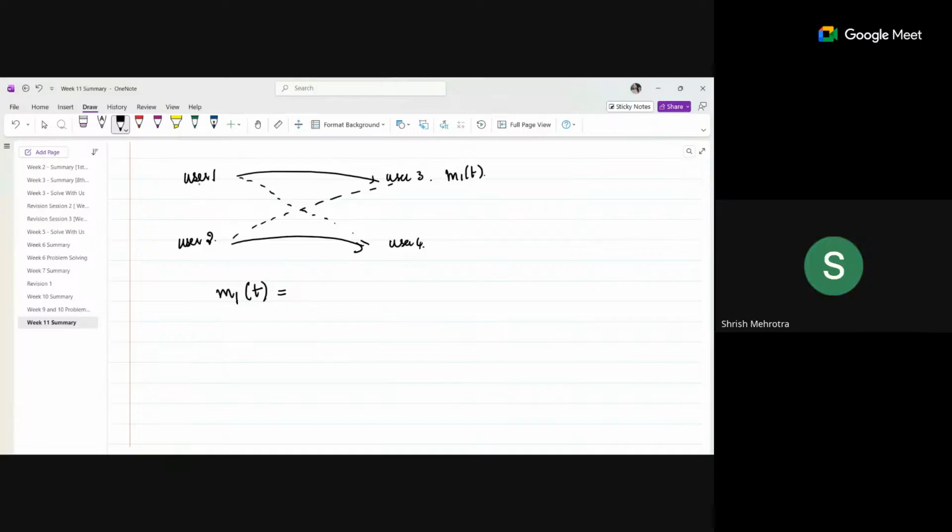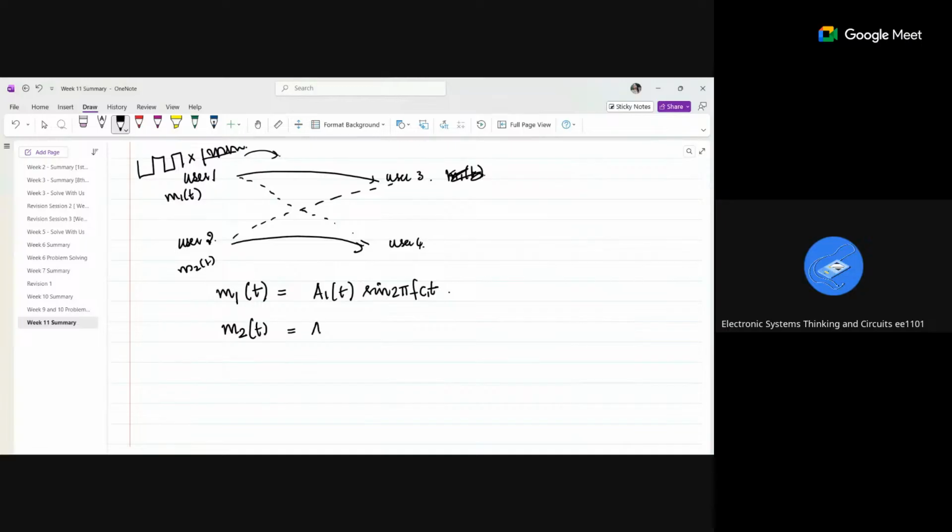Basically, user 1 takes his data m1 of t and overlaps it with the carrier frequency, then transmits it: A1 of t sine 2 pi fc1 t. This is the carrier combined with the data signal. Whereas m2 of t, user 2's data, has a different amplitude A2 of t and uses a different carrier signal, sine 2 pi fc2 t.